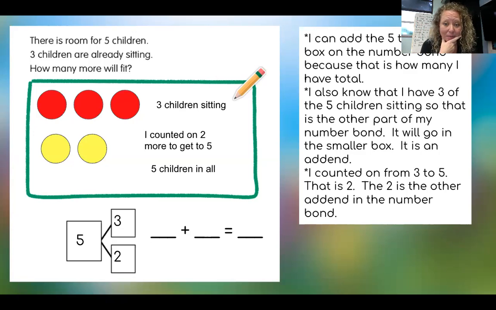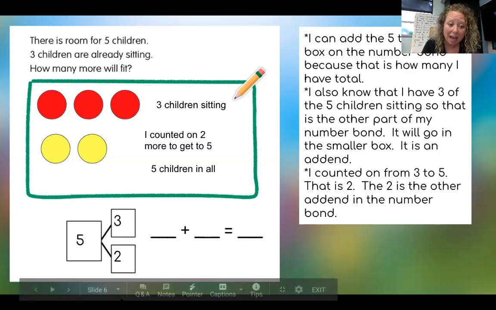It's an add-in. You're going to hear that term a lot. I counted on from 3 to 5. Remember, I went 3, 4, 5. I know I needed 2 more children. So 2 is the other add-in in our number bond.